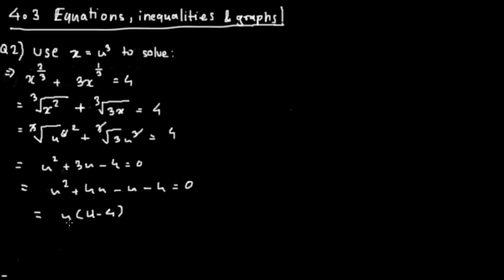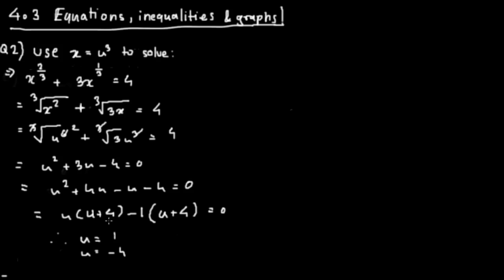So u into u minus 4, minus 1 with u. Oh, I meant to do plus here. Plus 4 is equal to 0. Therefore, I'm just skipping one step here. u is either equal to plus 1, right, or minus 4.